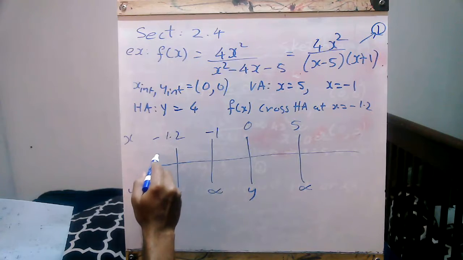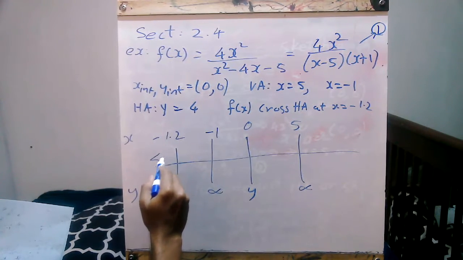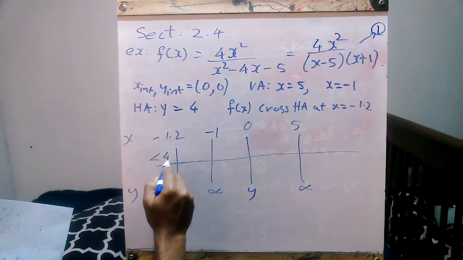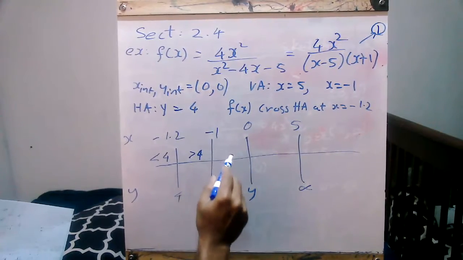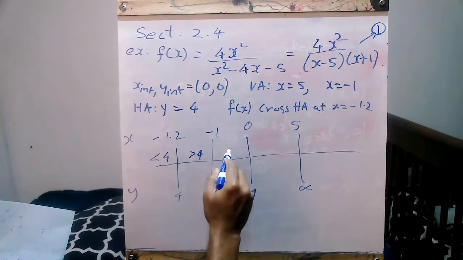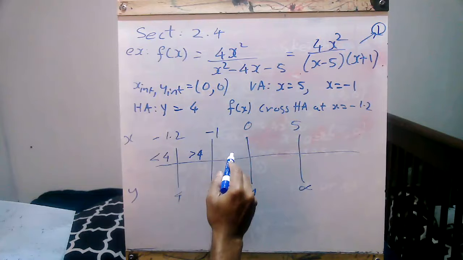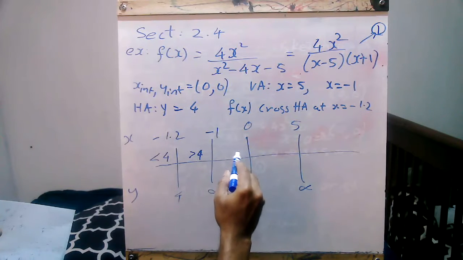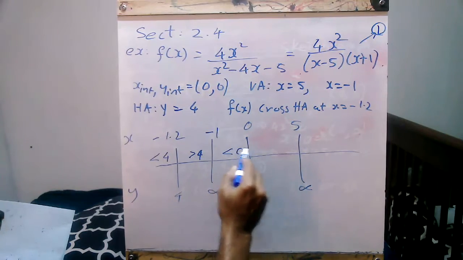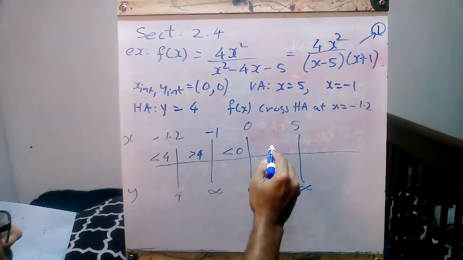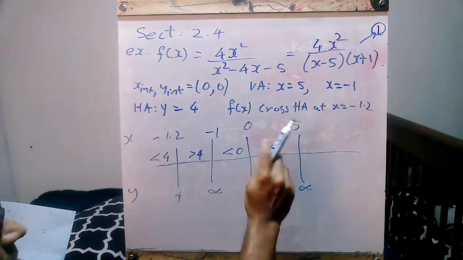In this region, f of x is less than 4. In this region, it is greater than 4. In this region, it is less than 0. In this region again, it is less than 0.